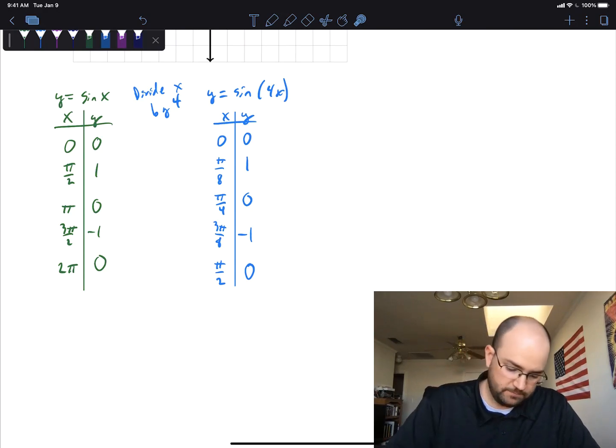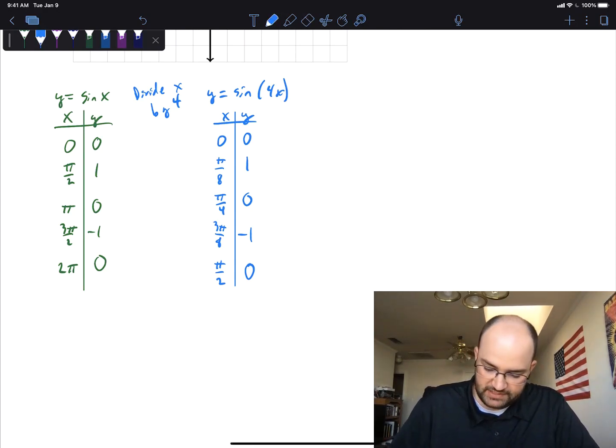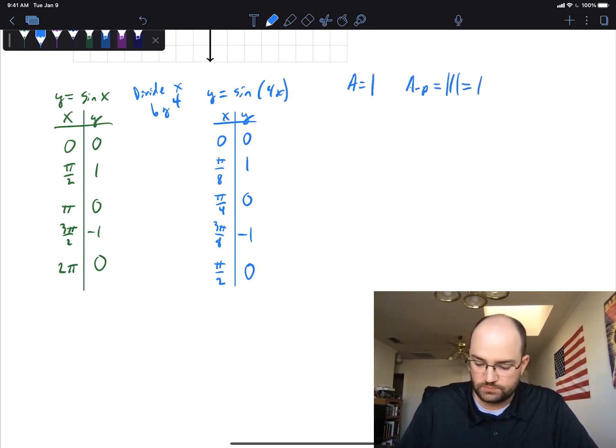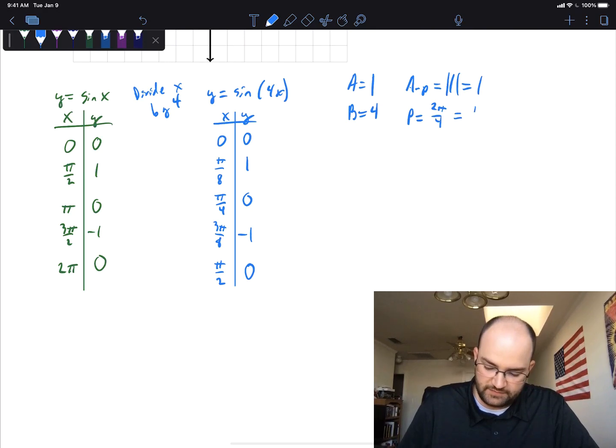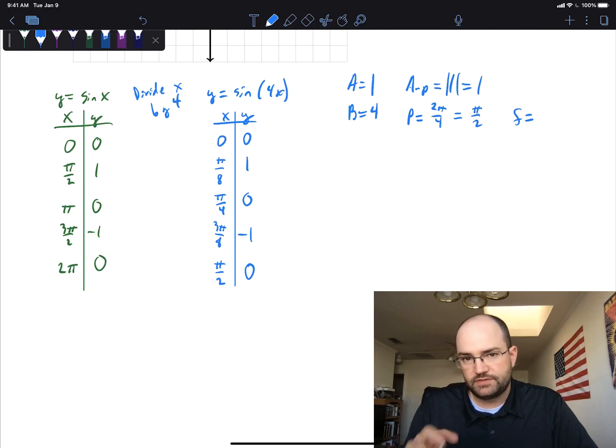Excellent. Now, A here is the amplitude. A is 1, so the amplitude is 1, technically absolute value of 1, which is 1. B is 4, so the period here is 2 pi over 4, which simplifies to pi over 2. Notice that we start at 0 and we go to pi over 2. That means that the frequency would be the reciprocal of the period, but just flip it around.